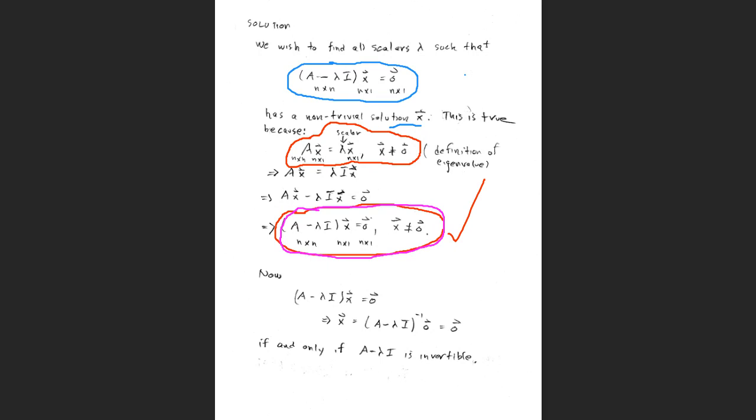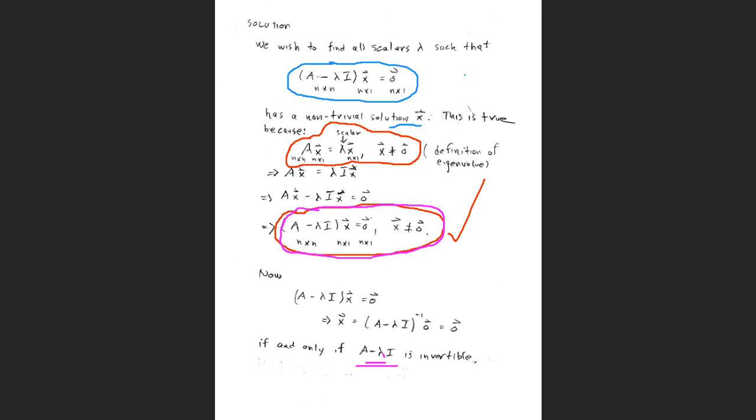Well, if A minus lambda I is invertible, and we don't know what values lambda is, but let's say we had a specific value of lambda, multiplied it by I, subtracted that from A, we would have a square matrix of values.